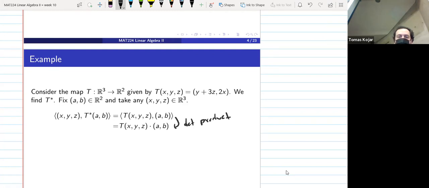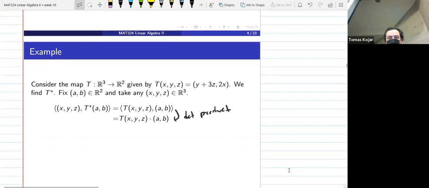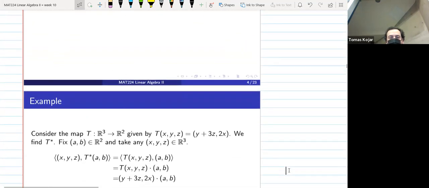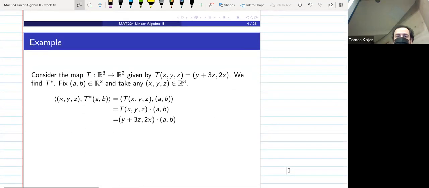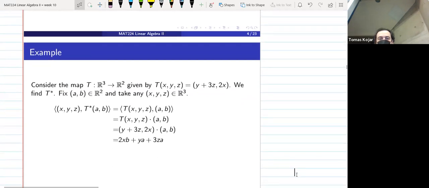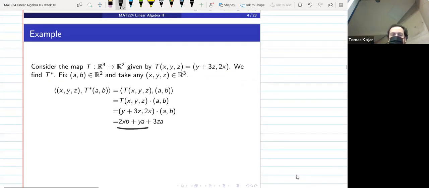We know what T is, so you can compute it, and then you compute the dot product. What do you do from here?